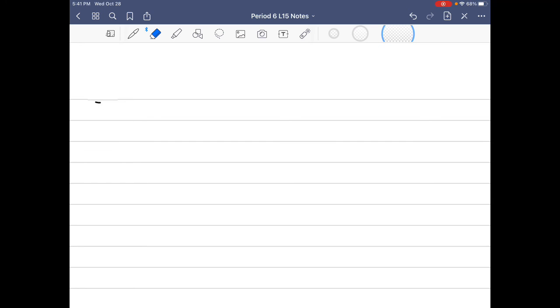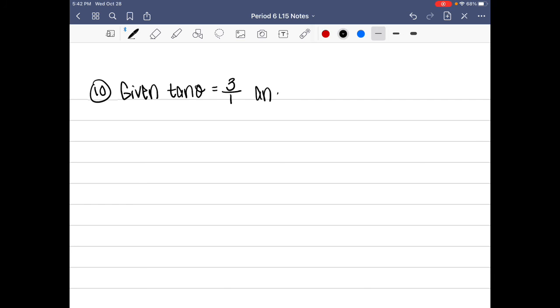Before we did any special angles on the unit circle, we did trig of any angle, meaning we had the angle called theta and we were working mostly with side lengths of a triangle instead of the angle. Given tangent theta is 3 over 1, and theta is in quadrant 3, solve for secant theta.